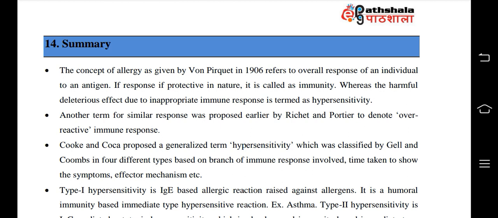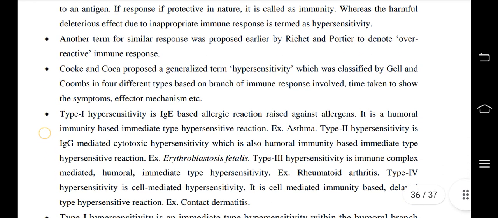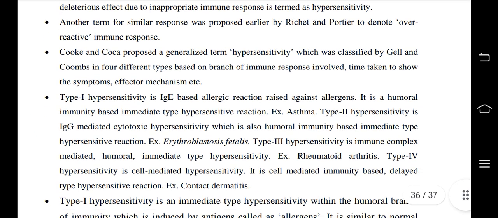Another term for a similar response was proposed earlier by Richet and Portier. Coombs proposed a generalized term, hypersensitivity, which was classified by Gell and Coombs into 4 different types based on the branch of immune response involved, time taken to show the symptoms, effector mechanisms, etc.